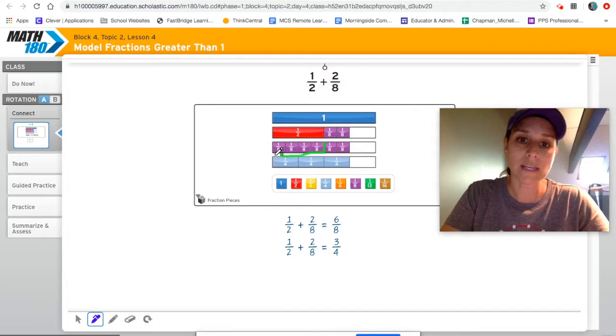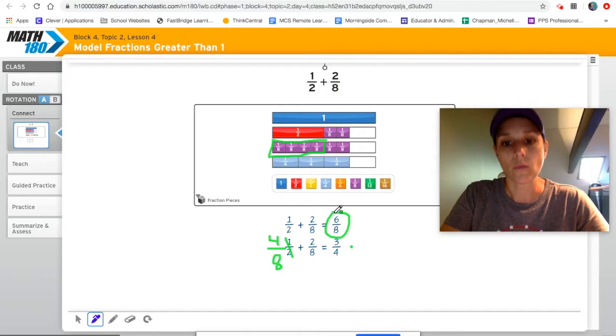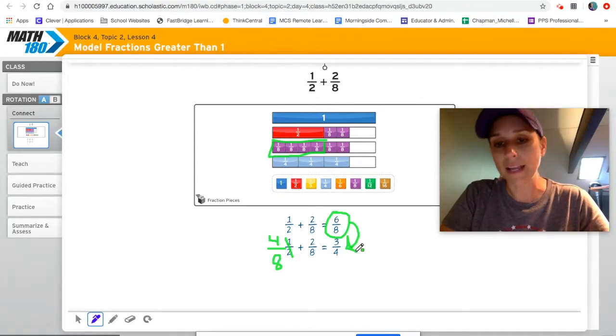These 1/8 size pieces are equivalent to this 1/2 size piece, and there's 1, 2, 3, 4. So I'm going to use an equivalent fraction of 4/8. That's going to give me an answer of 6/8, which I can then simplify to 3/4. So that helps us see how this equation is used.